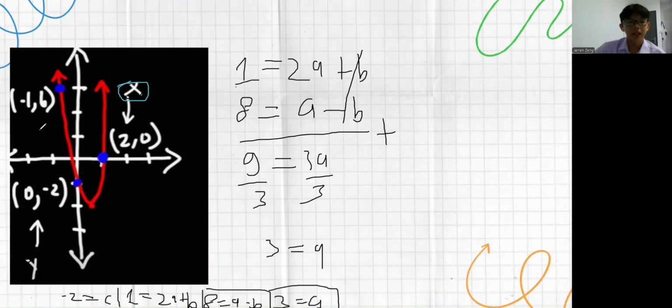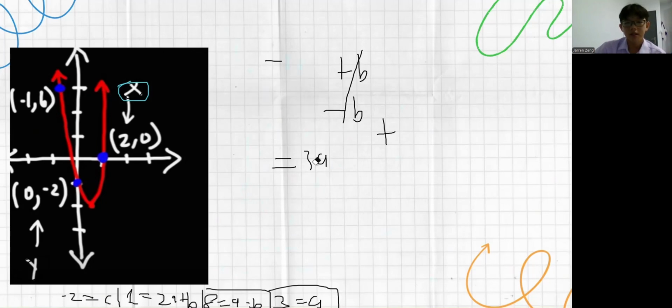Lastly, we'll be needing the b, which is pretty simple. We're gonna use the 1 equals 2a plus b. I think that's better, this one.